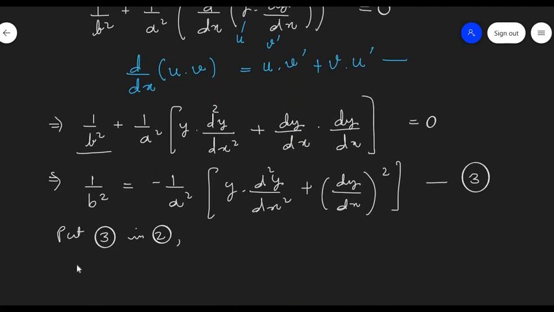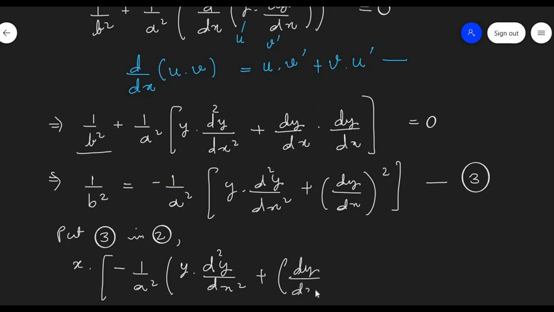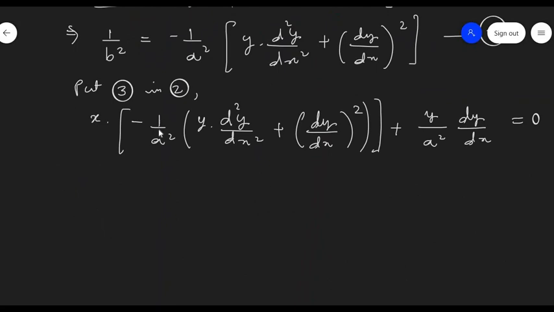So I am going to get x into 1 upon b square, which is minus 1 upon a square into y into d square y upon dx square plus dy by dx whole square, plus y upon a square dy by dx equal to 0. Let's simplify. So we have 1 upon a square in both the terms. So let's take it common so that we can cancel it out.